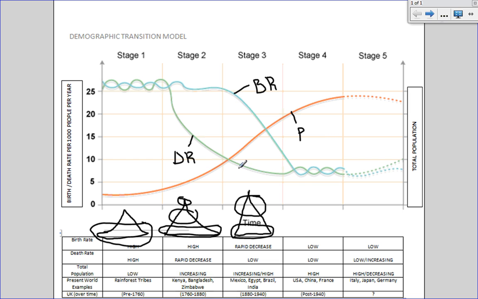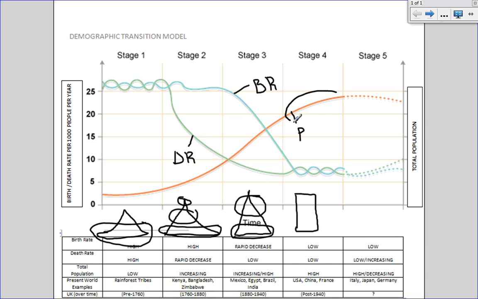Okay, and this takes us into stage 4 of the model, where we see countries like the United States, China, and France that have lowered their birth rates and death rates because of, again, family planning and good nutrition, sanitation, to where we see that the population pyramid looks more like a rectangle here. Okay, what we see with the total population is that it's growing.